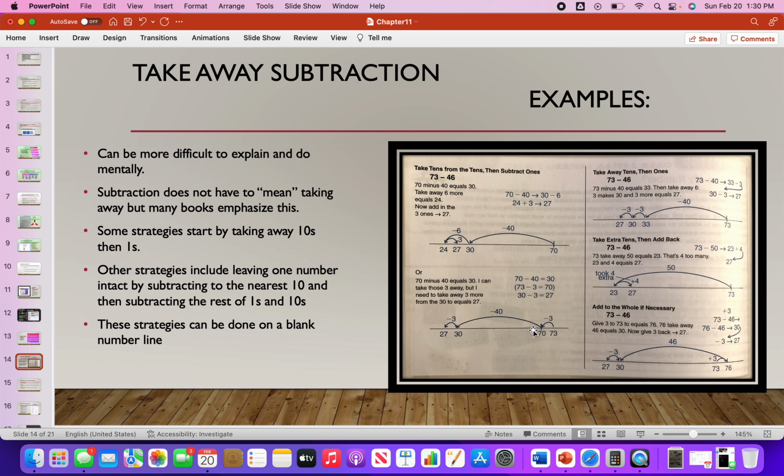Again, this is used also with the jump strategy, as you can see for this one, starting with 70 minus 30 is what they started with, or 70 minus 40. And so they did that jump to get to 30, and they still needed to jump out their ones, and they went ahead and did that and got minus 6, which was their jump, and they got to 24. Those blank number lines can be really helpful.